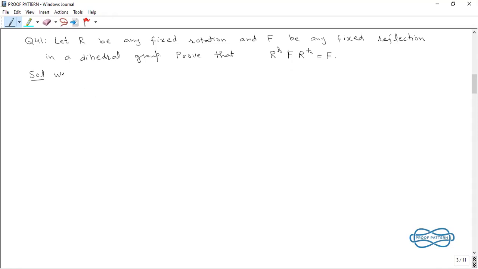We know that the product, here product means composition of functions, of a reflection and a rotation in Dn is a reflection.